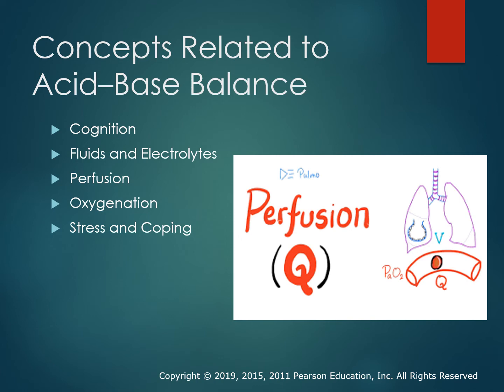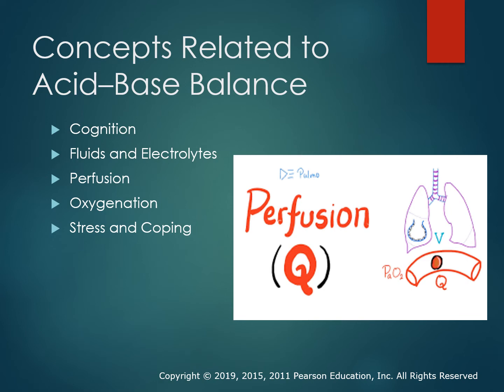So under the concepts related to acid-base balance, it says, for example, changes in acid-base balance can result in decreased tissue perfusion, leading to cardiac arrest. Acidosis or alkalosis may result in decreasing level of consciousness, and patients with acute respiratory acidosis may also experience irritability and altered mental status.